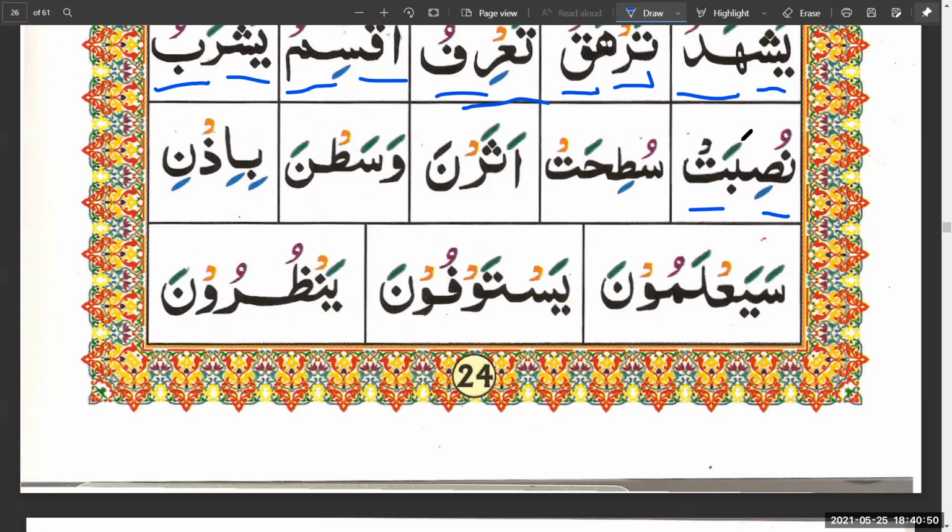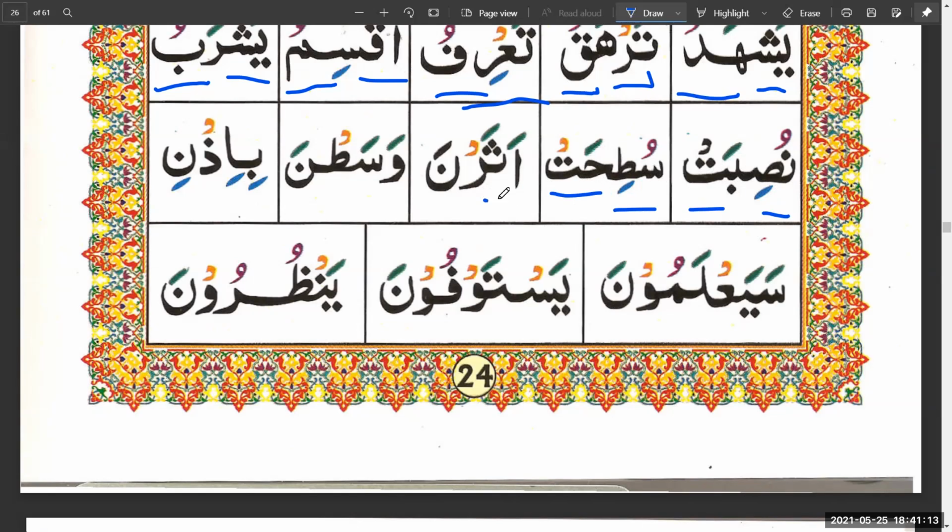So this whole thing, nusi bet, nusi bet. Next one, sin with a dhamma, ta with a kasra, suti. Then a ha with a fatha, ta with a sukoon, hat. Suti hat, suti hat.